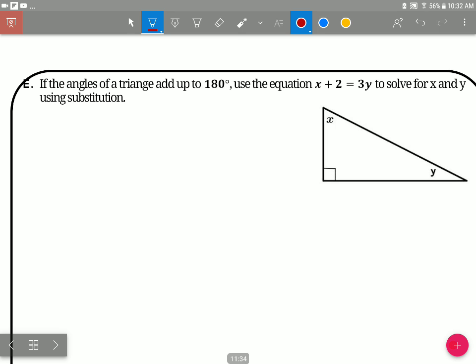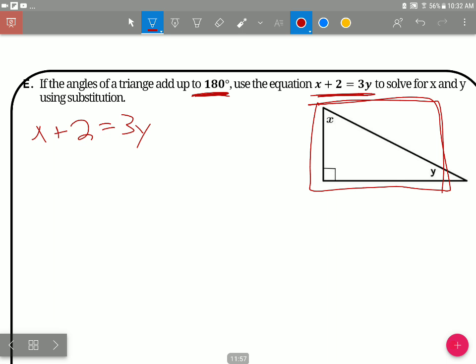If the angles of a triangle add up to 180, which is a fact, use this equation to solve for x and y. Okay, so we got one equation. X plus 2 equals 3y. The angles of the triangle: if I add all three of these angles up, what will that equal? 180.